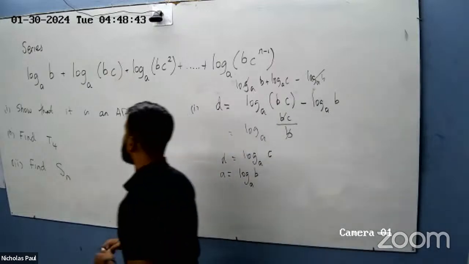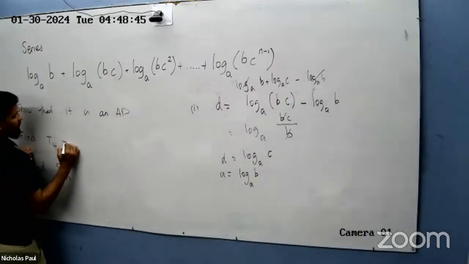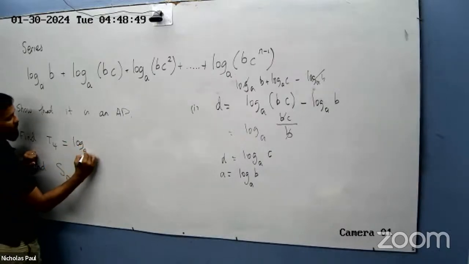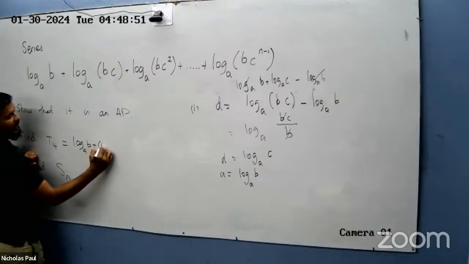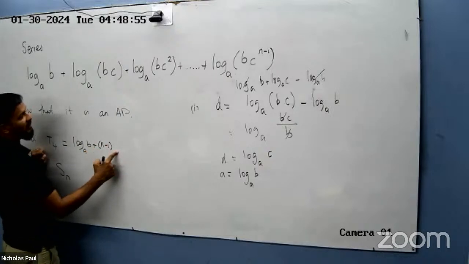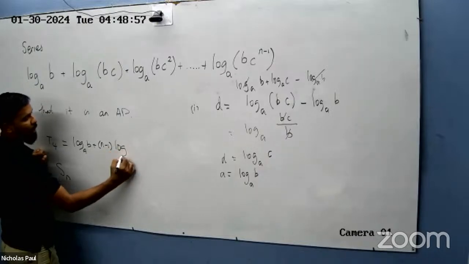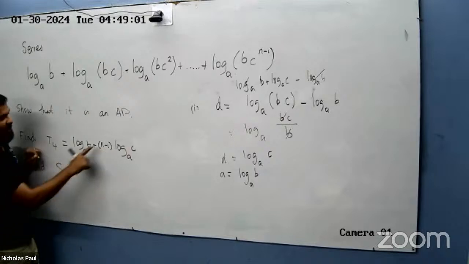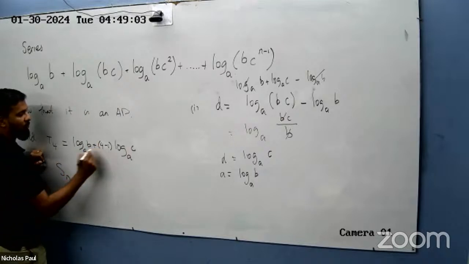All right, nice. So if you use the formula, it is A plus N minus 1 by D. D is what again? D is log to the base A of C. Oh, sorry, N is 4.